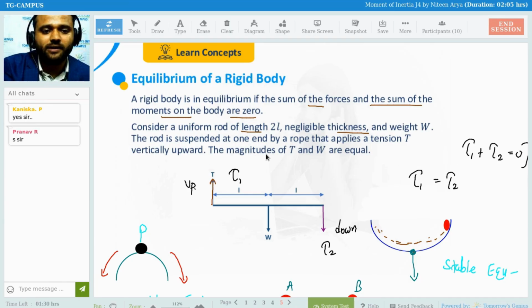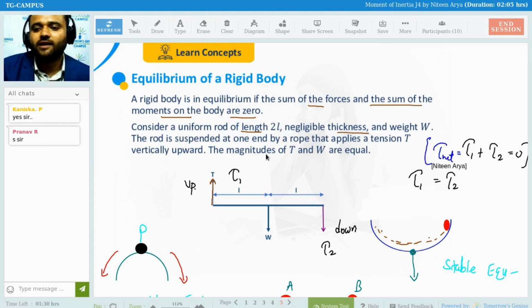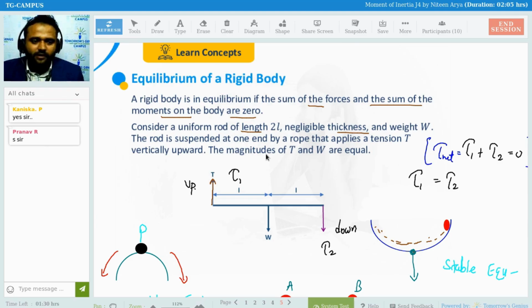Is this clear, everyone? What I'm writing, what I'm saying? For example, for the linear case, for equilibrium, it is the point where all the net forces are 0.